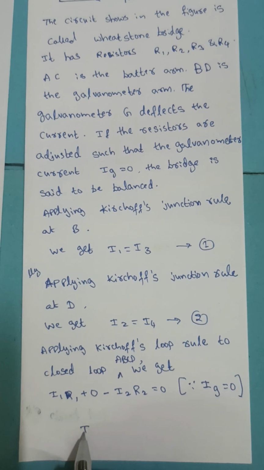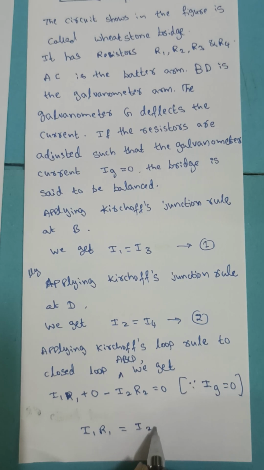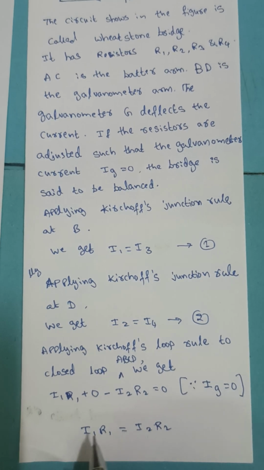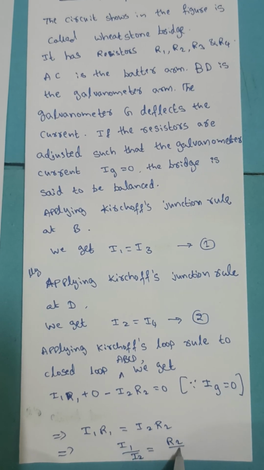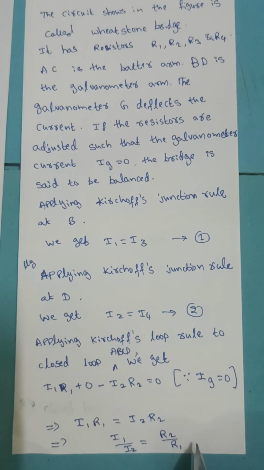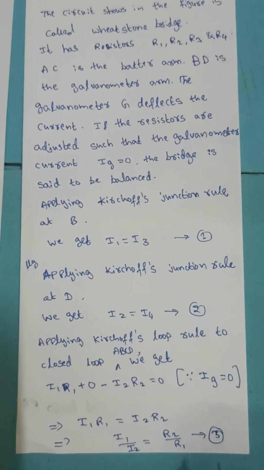It implies I1 R1 is equal to I2 R2. It also implies I1 by I2 is equal to R2 by R1. Take it as the third equation.